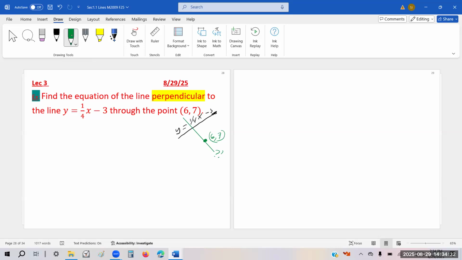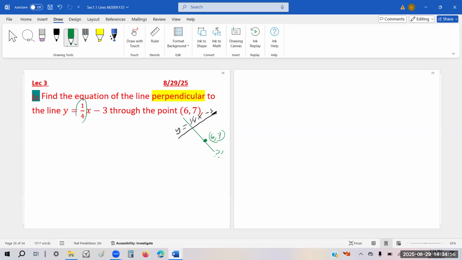So what is the equation of any line? How can you start this question? Y equals mx plus b, but it doesn't help us, right? We need m, we need b. What do we have here? Good.